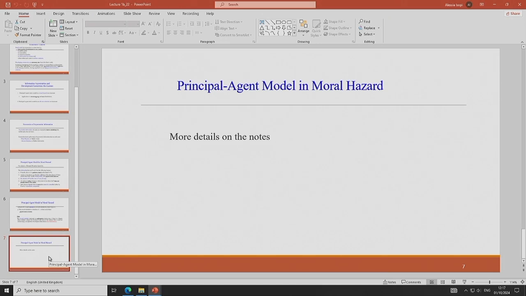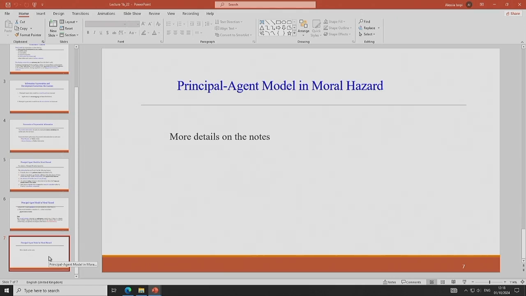What else do you observe compared to what we said before? Look at the conflict of interests. Whatever enters the utility of the agent in a positive way enters here in a negative way, right? I have to pay, as a principal, the transfer. So it does impact my utility negatively.